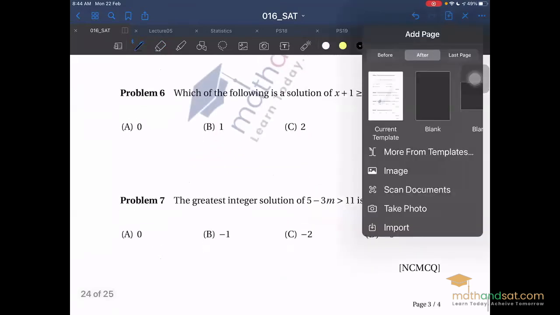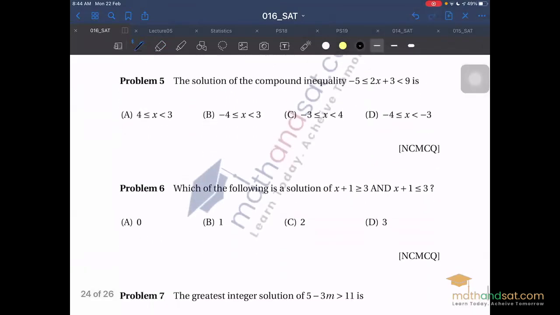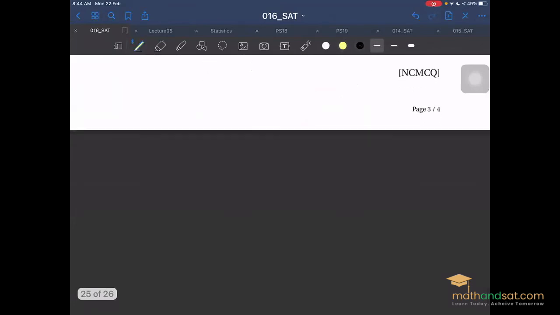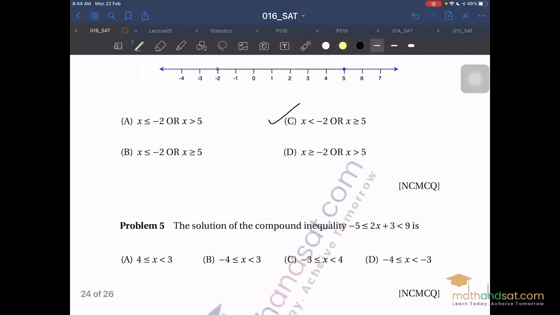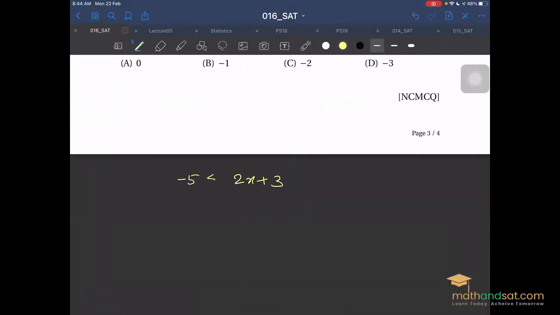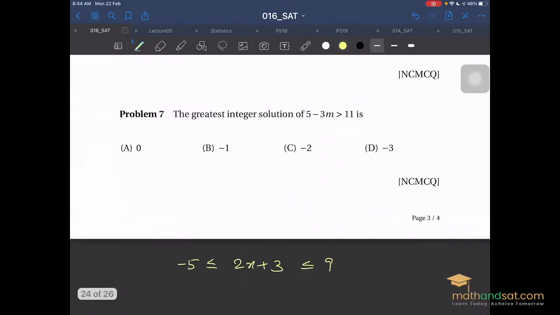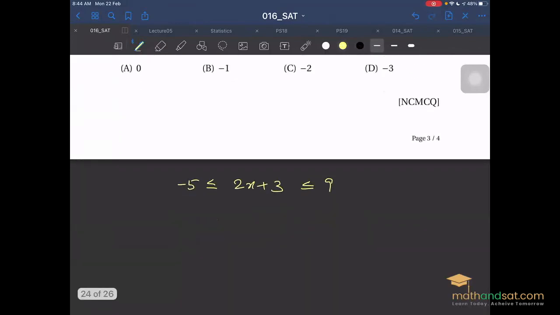See this? So we have 2x plus 3, and it lies between -5 and 9. Now subtract 3 everywhere.